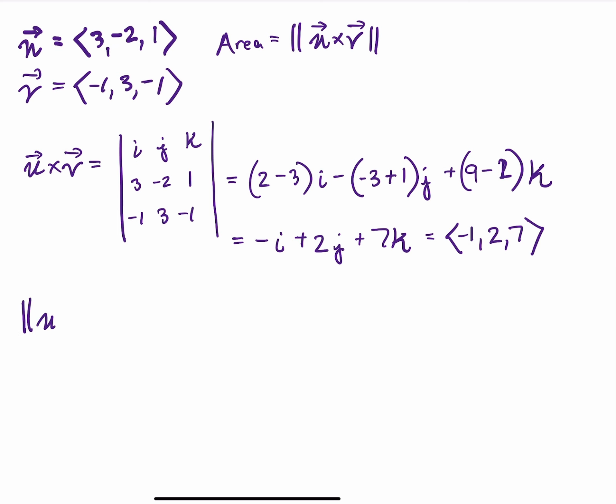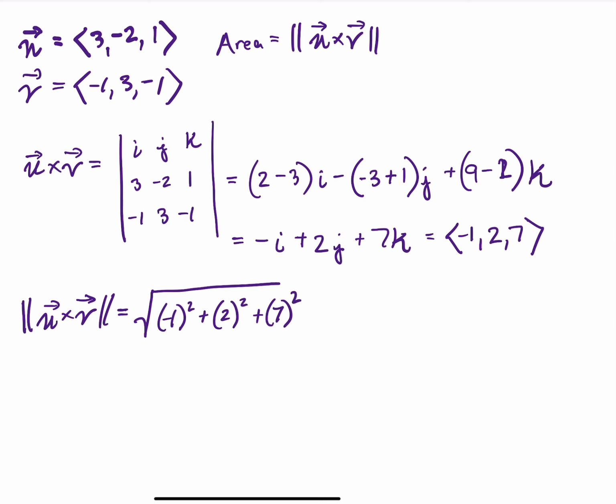So the magnitude of u cross v will be equal to the square root of negative 1 squared plus 2 squared plus 7 squared. The magnitude of a 3D vector is the square root of the sum of the square of all of their components. So that should be the square root of 1 plus 4 plus 49.